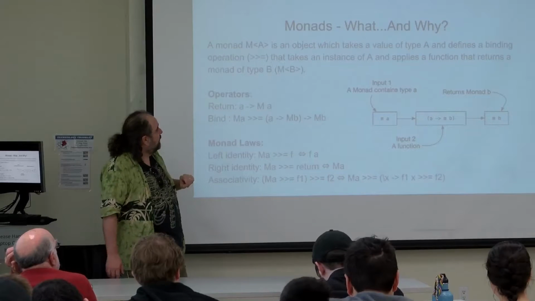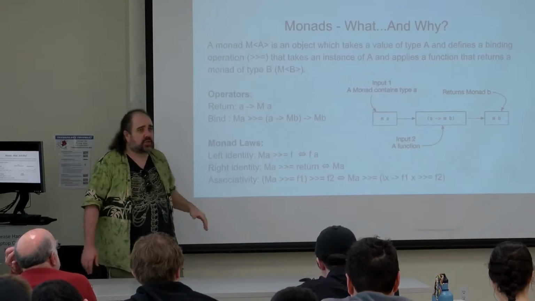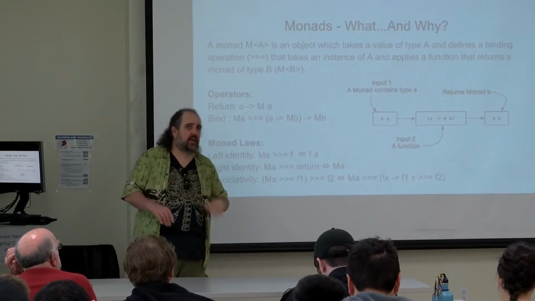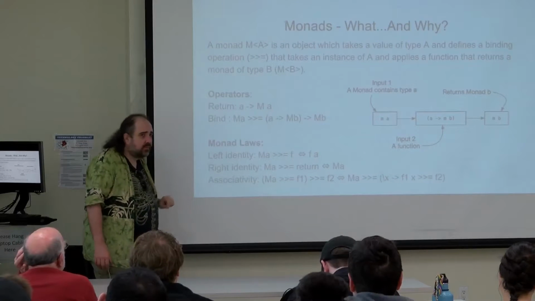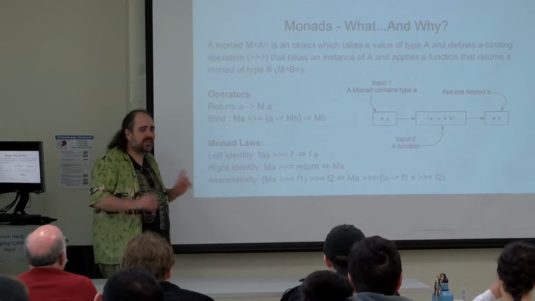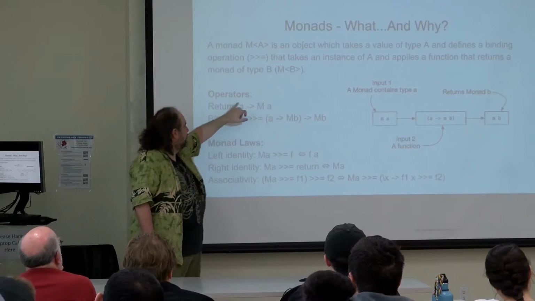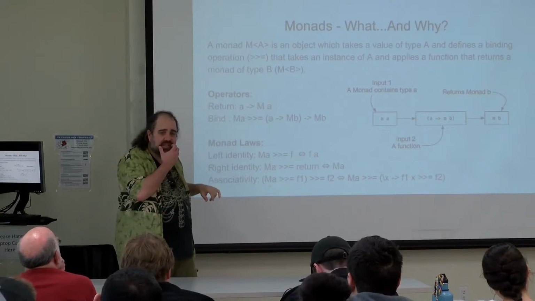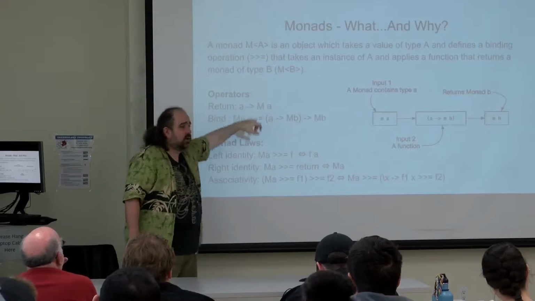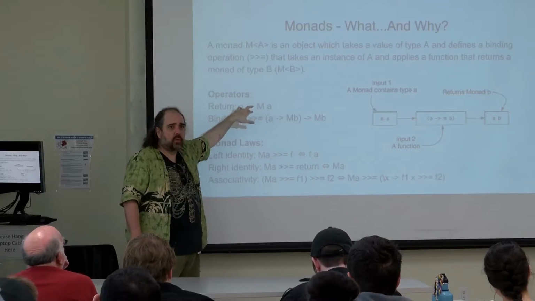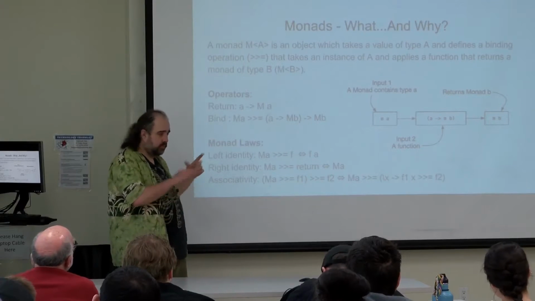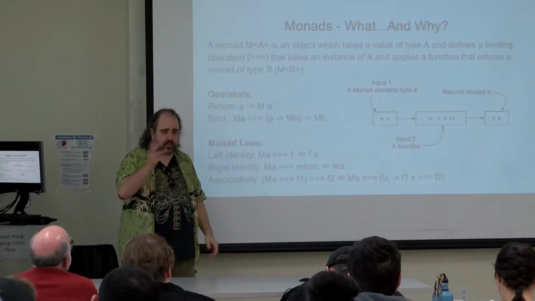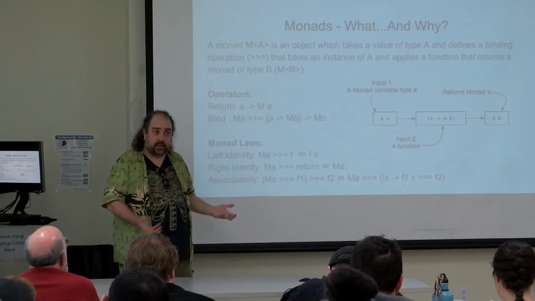All right, and then it defines just a couple of functions on itself with respect to that type. The first is called a return function. The return function is basically a constructor. It says, given an instance of A, return a monad where its value is that A. So if you had a monad of an integer, and you called the constructor with 3, your monad would now contain a value of 3.